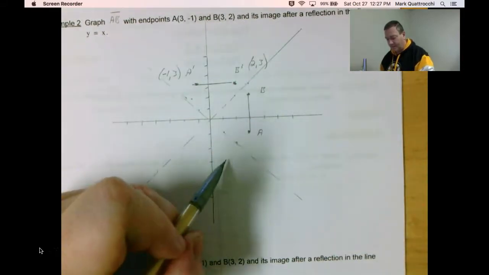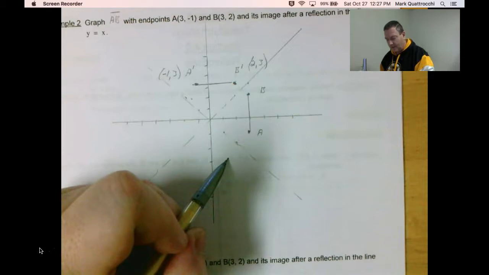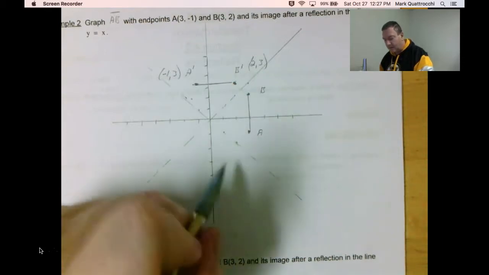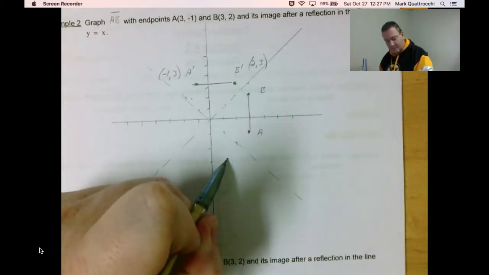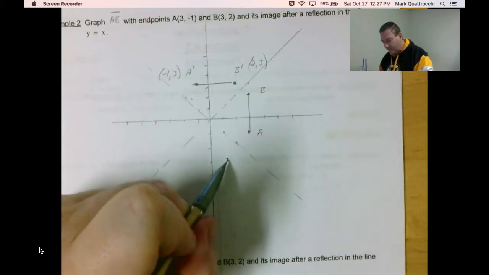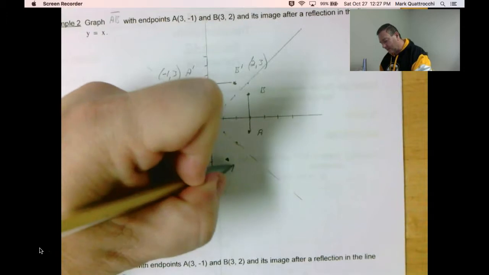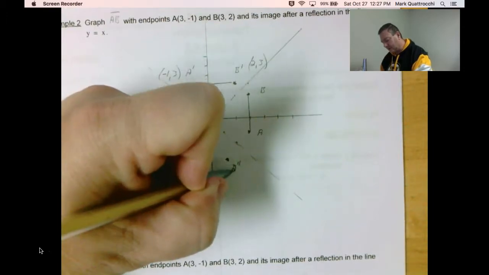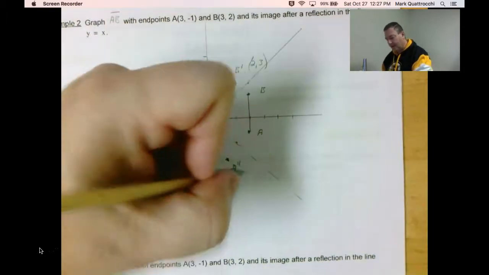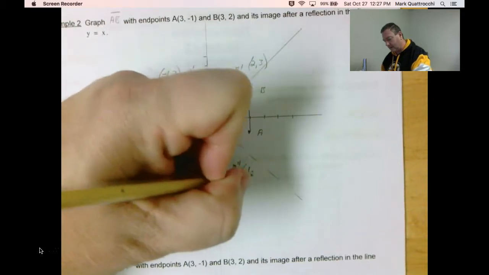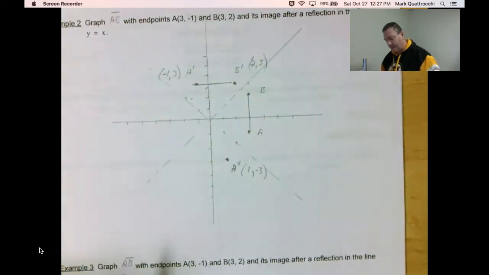A prime will end up, my eyes are good, here. Call it a double prime because I'm using the same chart, at (1, -3).